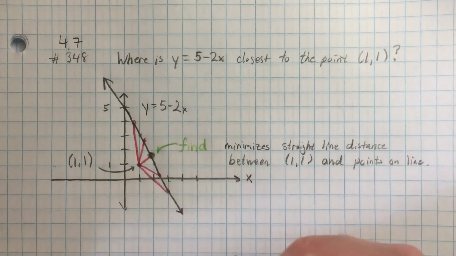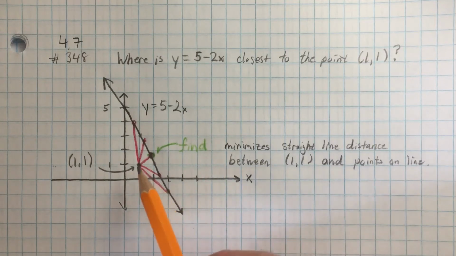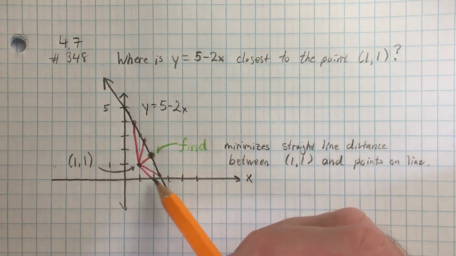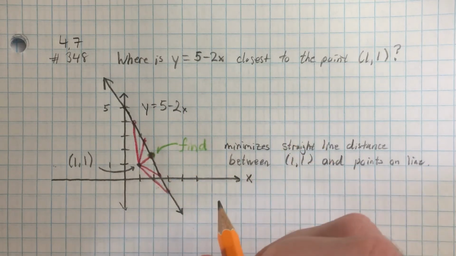This one has the minimal distance. So we should try to construct a distance function, right? We need a function that describes the distance between points on the line and the point 1, 1. We should try to minimize it.